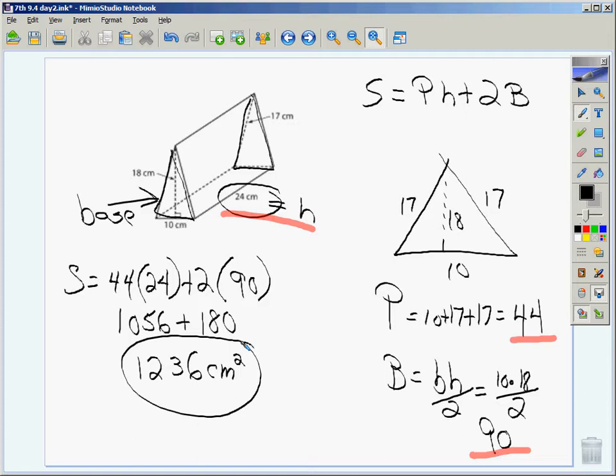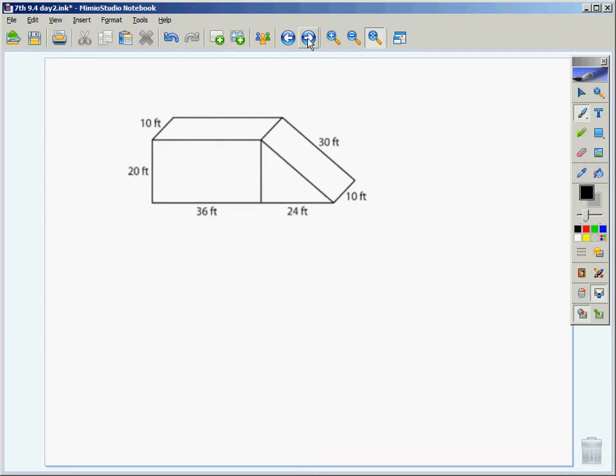Okay? Everybody okay? Understand what I've done? Let's take a look at number 4 now. Damien, can you tell me what the formula is for surface area?